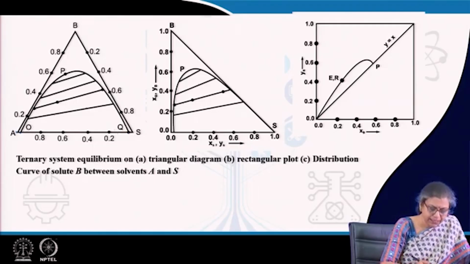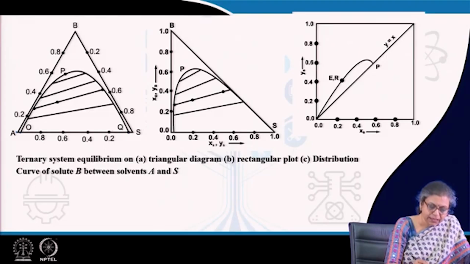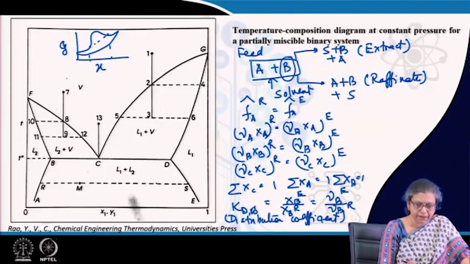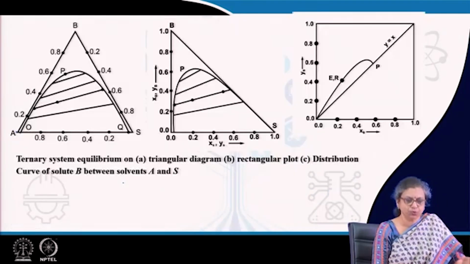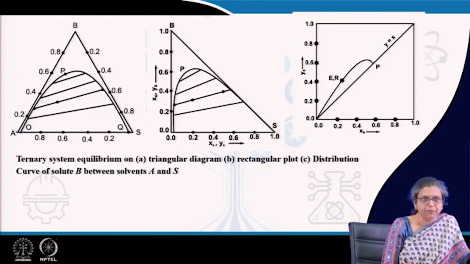Now, this corresponds to the solution of S in A, and this corresponds to the solution of A in S. Just like I had shown in the previous figure, in the same way there is a range where A and S are immiscible.